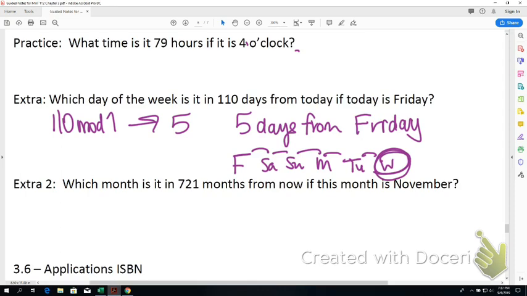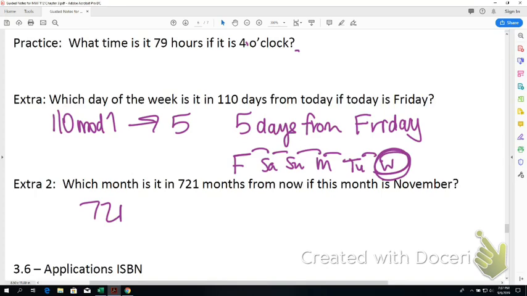So if we look at the next one, which month is it in 721 months from now if this month is November? If you think, in a year, how many months do we have? Well, we have 12. So we're going to take this 721, and we are going to do mod 12.